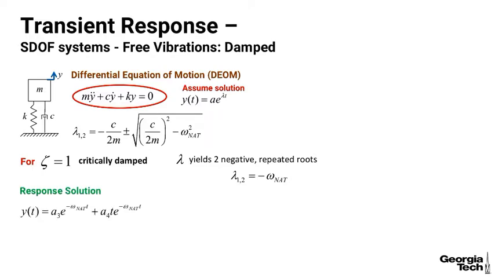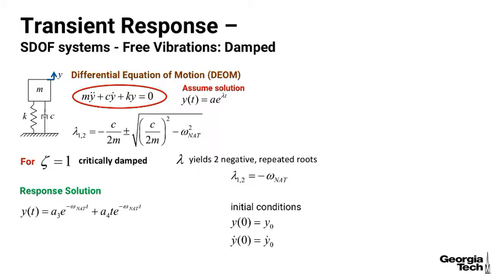And if you remember from your math, and you can go back and review your math for solving differential equations, when you have repeated roots, the second term is multiplied by t, as we've shown here.